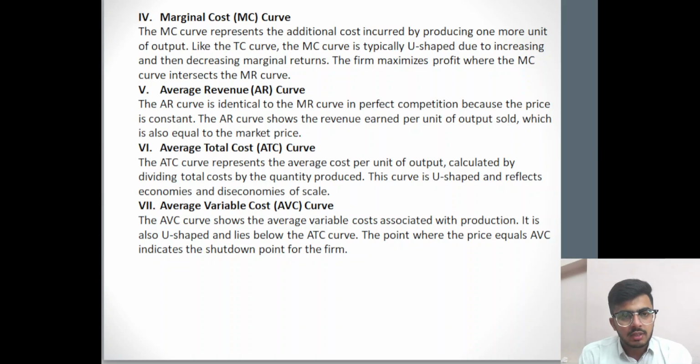The average revenue curve equals marginal revenue and the market price. Average total cost, ATC, is U-shaped and reflects economies and diseconomies of scale. Average variable cost, AVC, below ATC indicates the shutdown point.